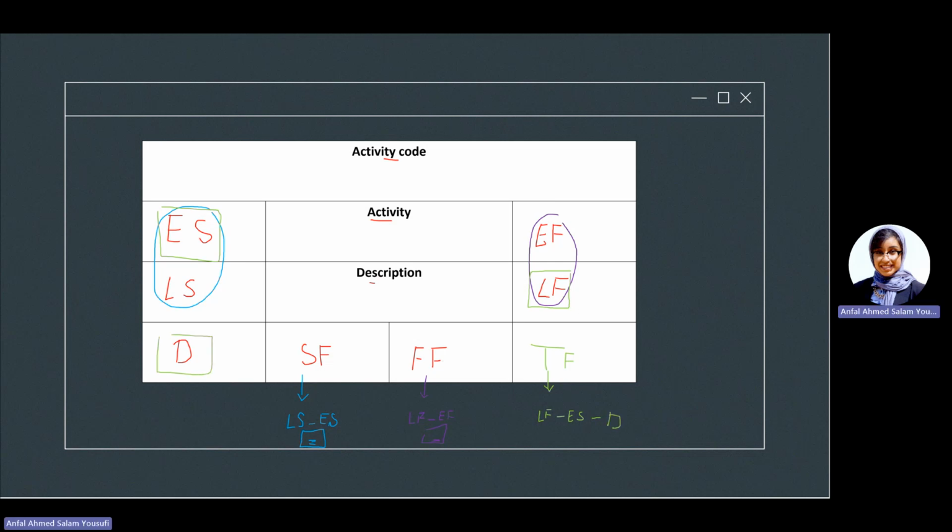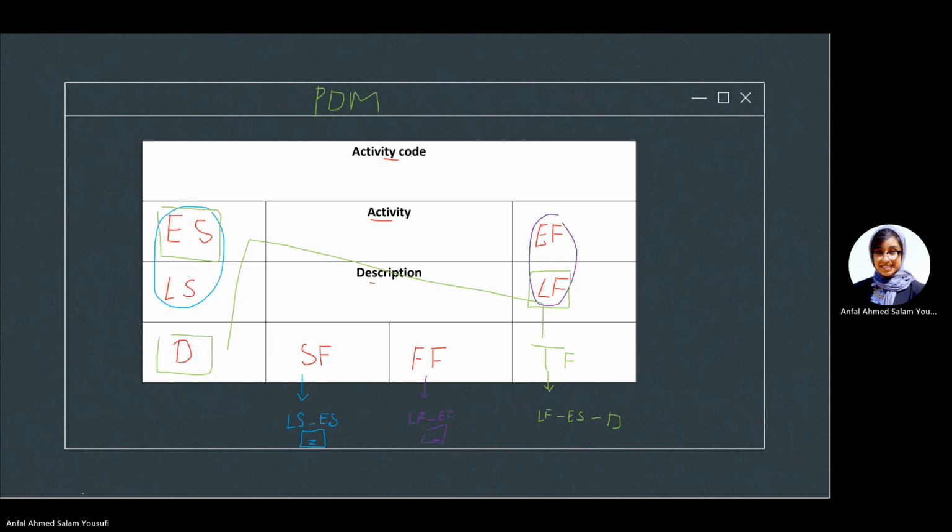If you ever get confused about what these numbers are, you can draw it this way: late finish minus early start minus the duration. So this is how we draw our PDM.